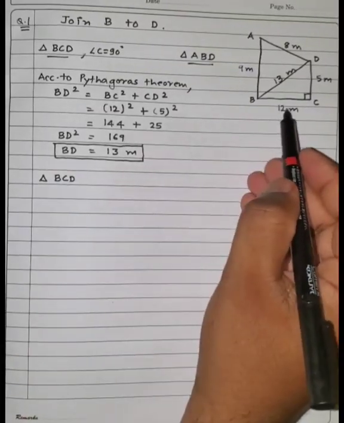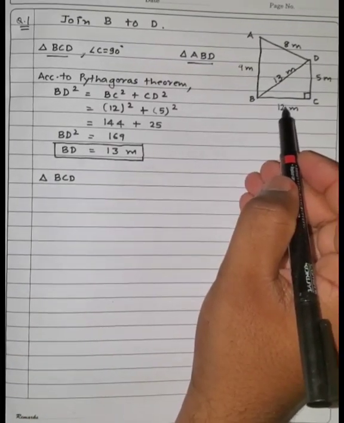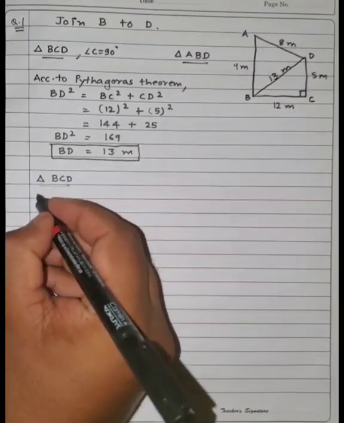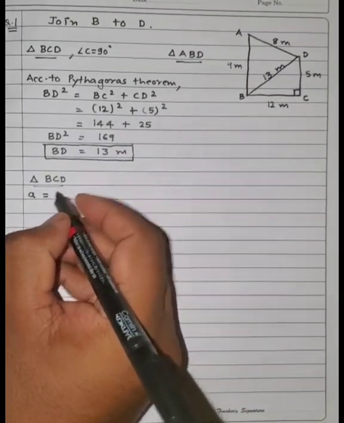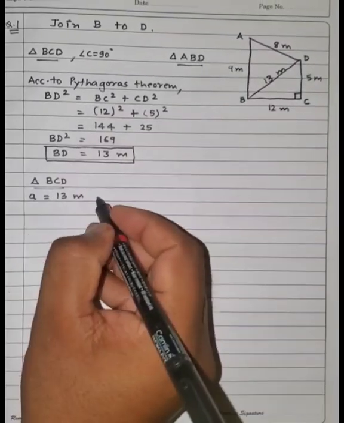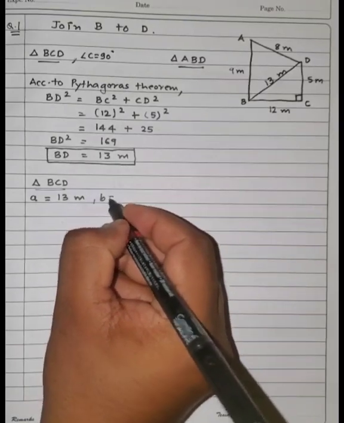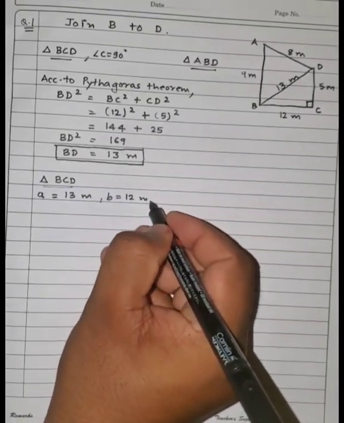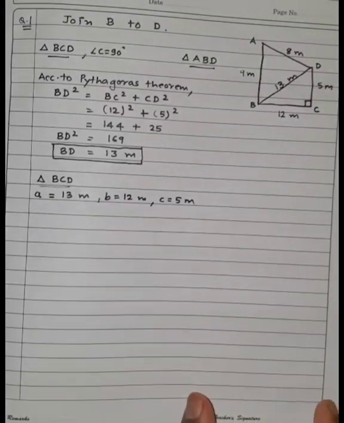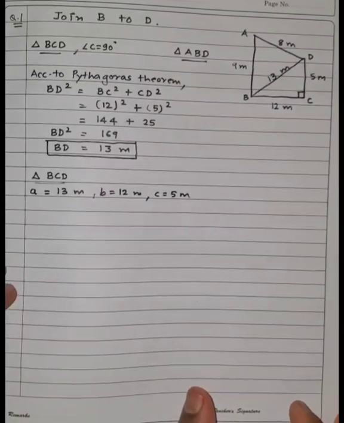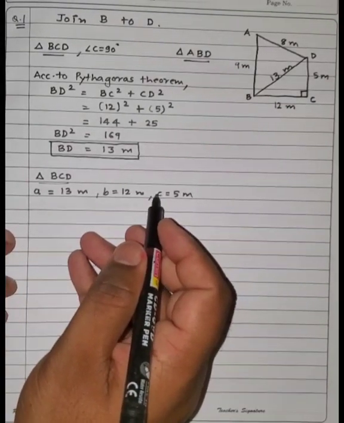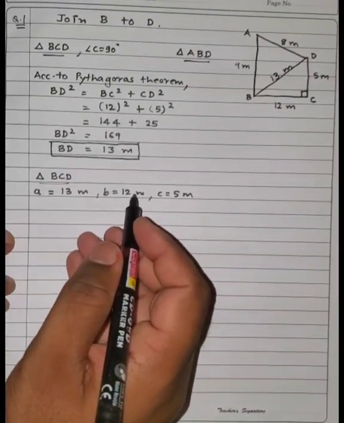The sides for this triangle are 13 meter, 12 meter and 5 meter. So, let me write a is equal to 13 meter, b is equal to 12 meter and c is equal to 5 meter. Now, I've got the measure of the three sides. What else is needed is the semi-perimeter.